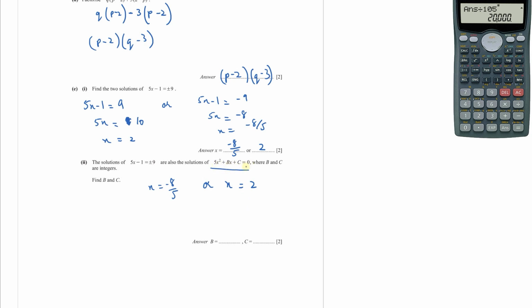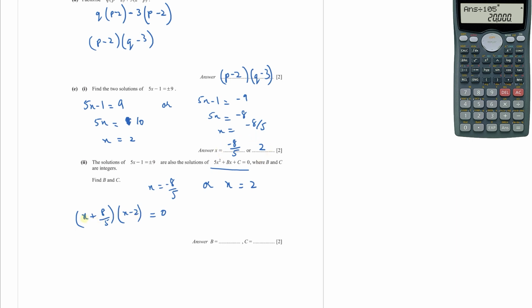So this quadratic equation is equal to 0. So we know that we can write this quadratic equation using these solutions. I can write this as x plus 8 over 5 multiplied by x minus 2 equals 0, because this quadratic equation comes down to this, and which gives me the same solutions that I have calculated in the previous part.